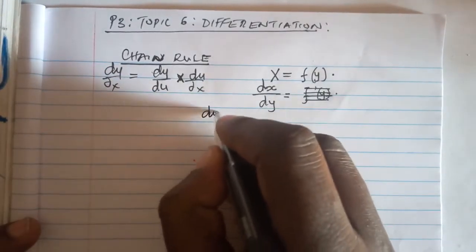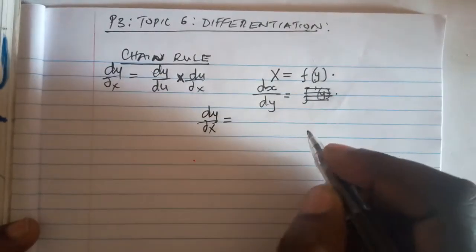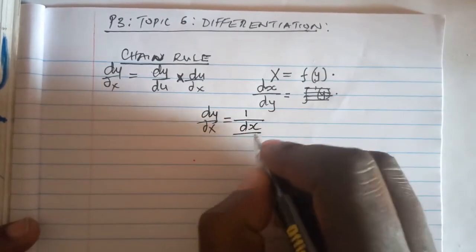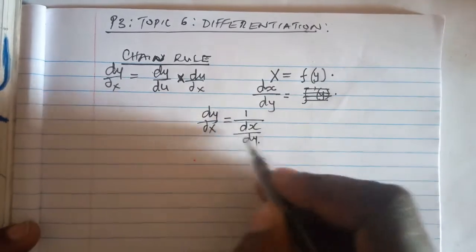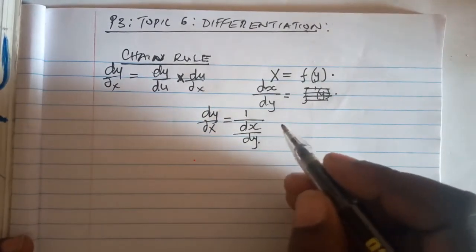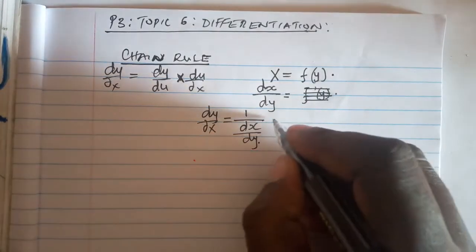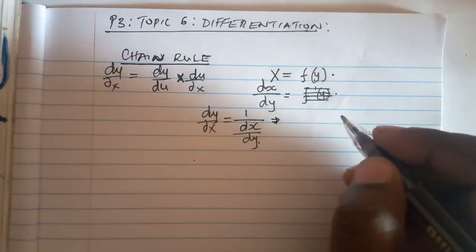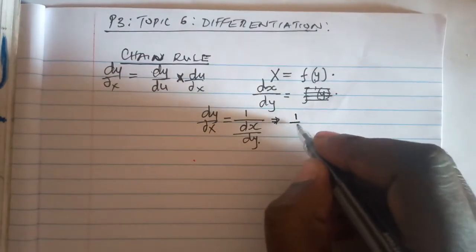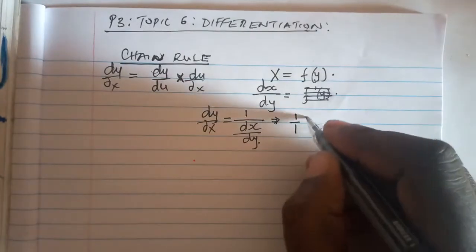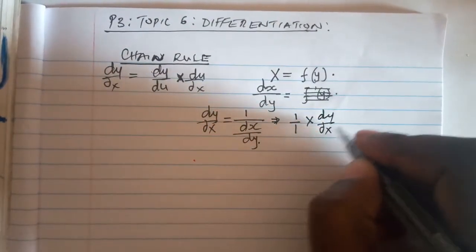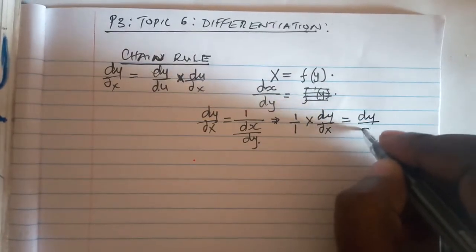Following this, dy/dx is of course 1 over dx/dy, whereby we divide by a fraction, and the moment we divide by a fraction, it means we multiply by the reciprocal, because this is of course 1 over 1, which is the numerator, times the reciprocal of the divisor, dx/dy, which is dy/dx.